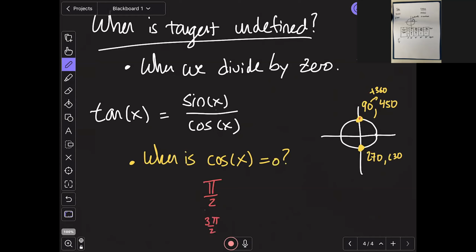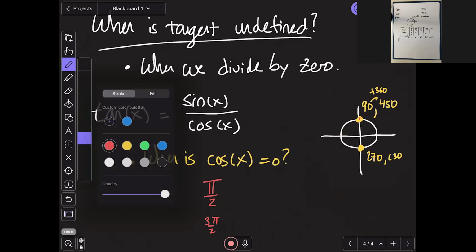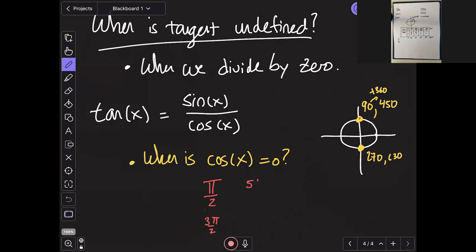Now if I count around, if you remember what we did before in class, if this is 0, this step is 1 pi over 2, 2 pi over 2, 3 pi over 2 is here, 4 pi over 2. When we get back up to the top, we get 5 pi over 2. Then 6 pi over 2, and down the bottom is 7 pi over 2.